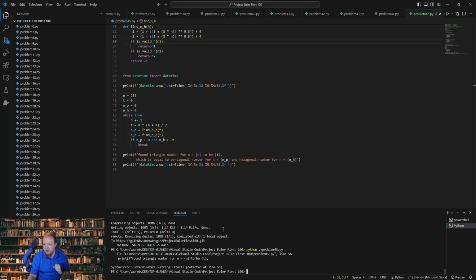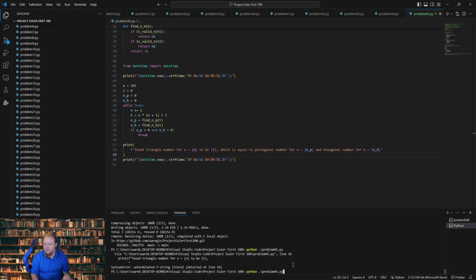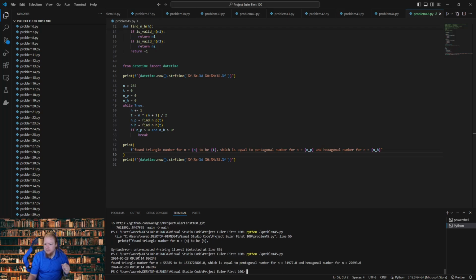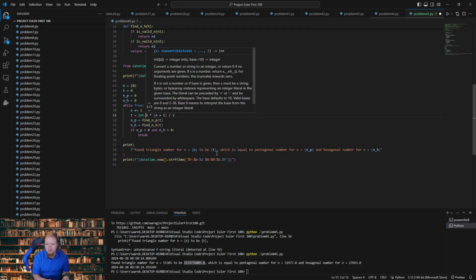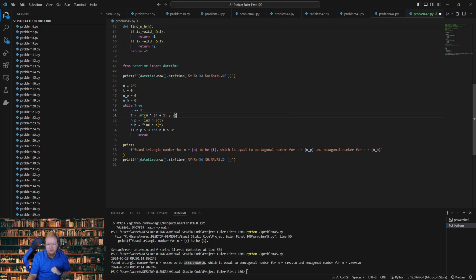And it was very efficient, except actually broken. Okay. Well, that's fine. Okay, found triangle number for n 55385 to be this, which is technically a float, but that's fine. I am actually... okay. I take it back, it's not fine.